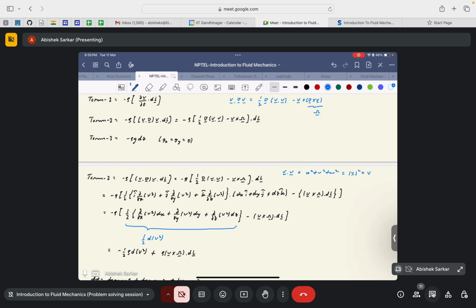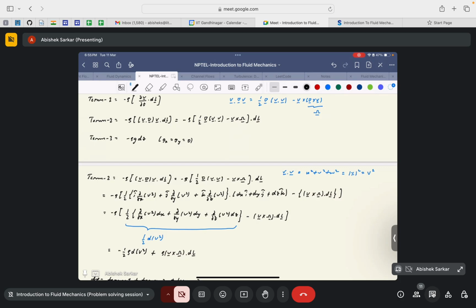That is the square of the modulus of the velocity vector, not the y component of velocity. I think the way I write might create confusion, but this is indeed the capital V, not the y component of velocity. So v dot v would be the square of the modulus of the velocity vector.